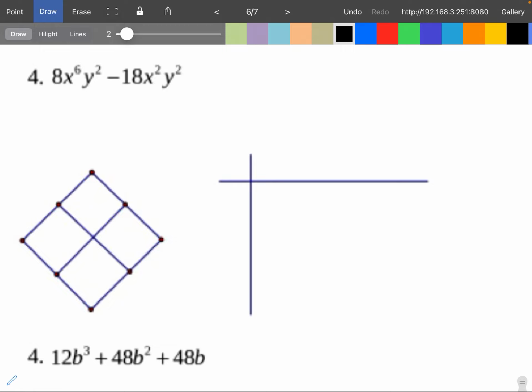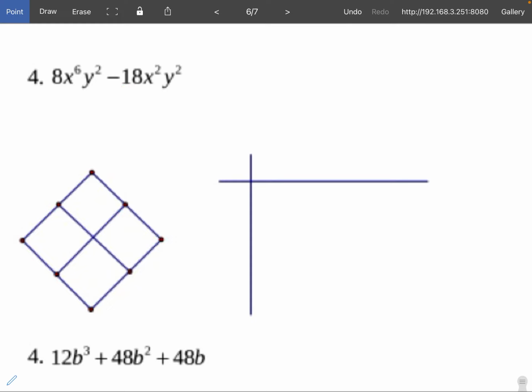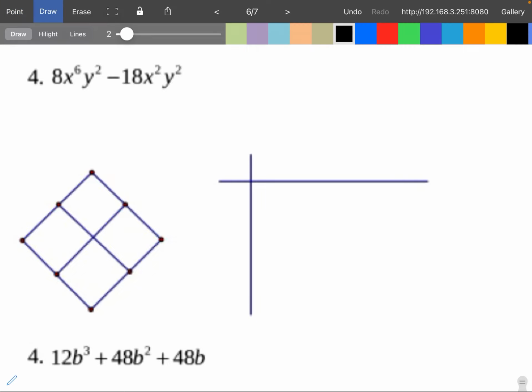So again, from the top of the page, the first thing you need to do is look at this and decide, is there a greatest common factor? What is the largest number that divides evenly into 8 and 18? 8 does not divide evenly into 18. It's 2 again. And then is there an x in both terms?